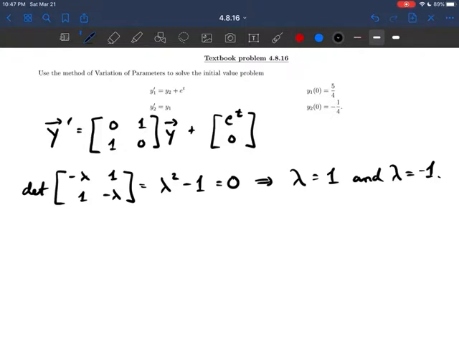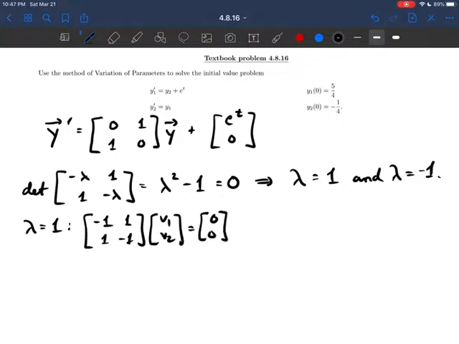We also need an eigenvector to go with each of those eigenvalues. So we'll deal with lambda equals 1 first. The matrix we're dealing with here is negative 1, 1, 1, negative 1. And we're going to multiply that by v1, v2. It has to come out to be 0, 0.